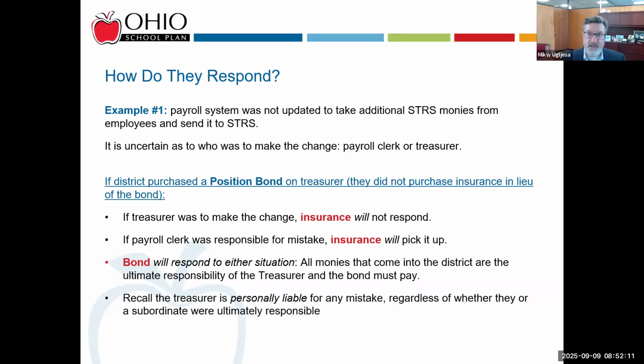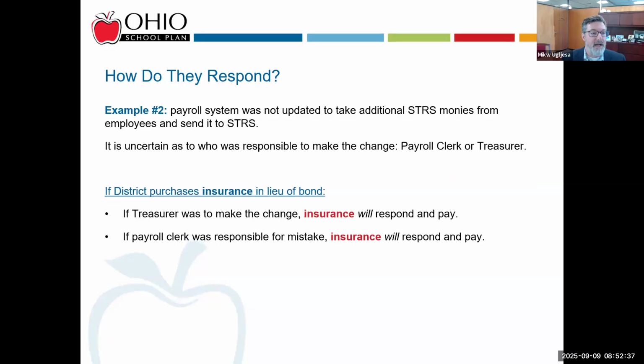As Bill mentioned, it's a financial instrument and it's going to guarantee those tasks. The bond will respond just as a matter of course. It doesn't matter whose responsibility it was, who is at fault. If the bond's in place and not insurance, the bond will pay. However, the bonded employee is personally responsible to reimburse the surety company in this scenario.